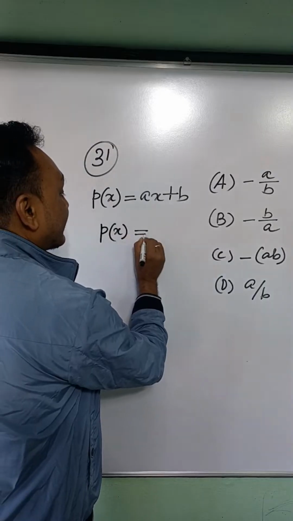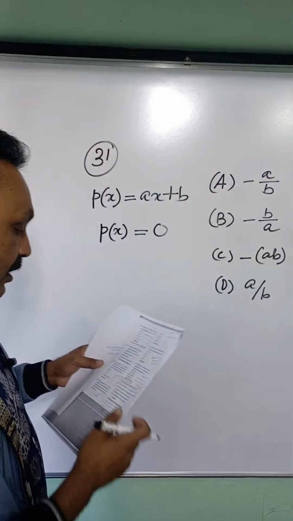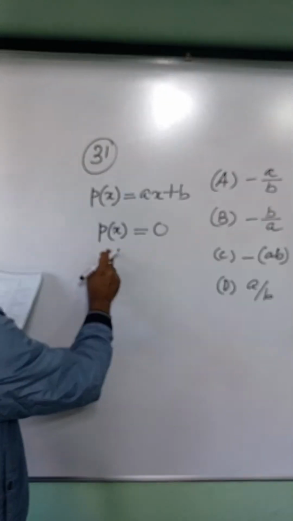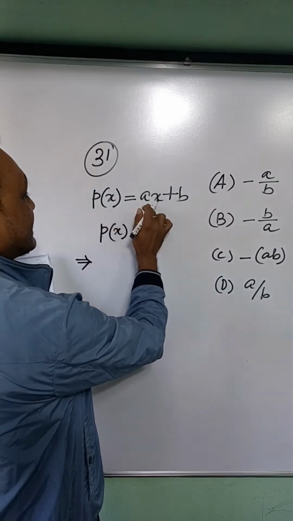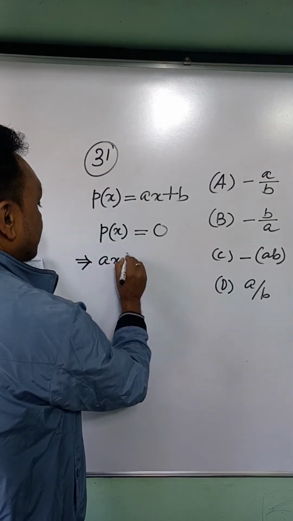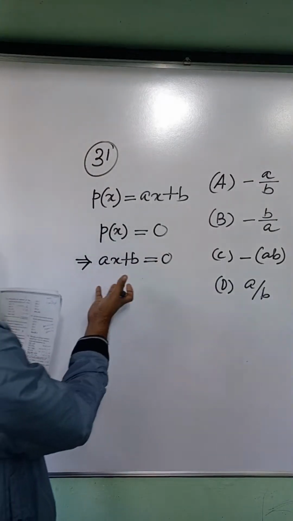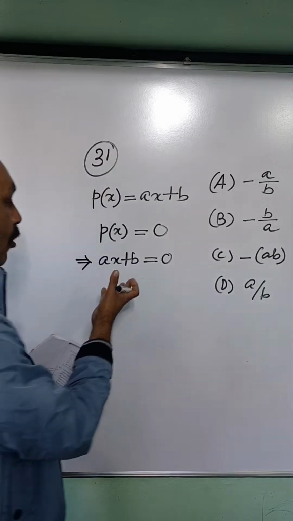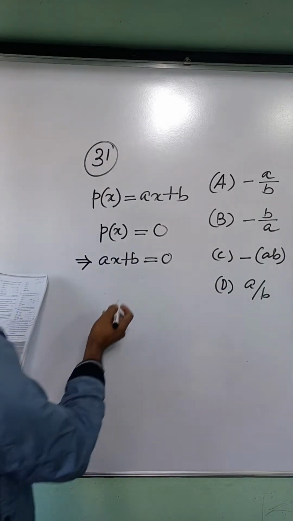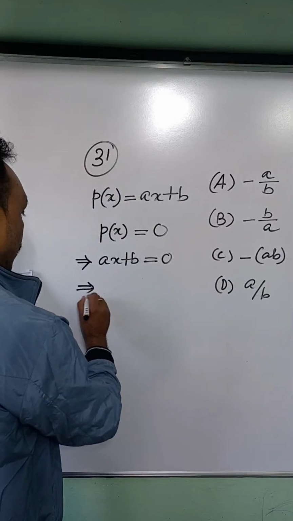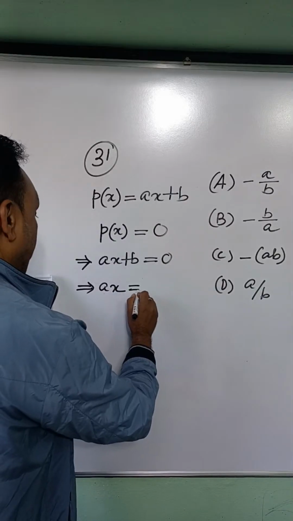So put p(x) equal to 0, because since we are going to find the zero, p(x) is 0. Now put the value of p(x). What is the value of p(x)? p(x) is ax + b. So ax + b = 0, right? Now you have to find the value of x. That will be the zero of this linear polynomial. So ax being this, b goes to that side, so it will be minus b.